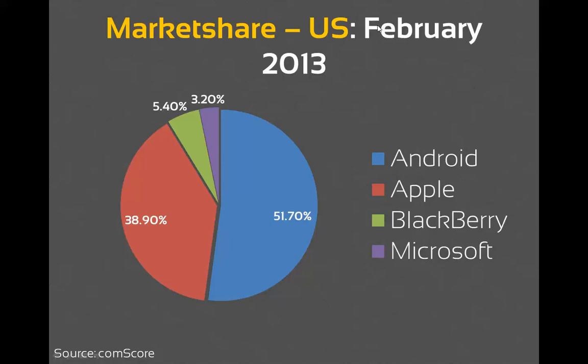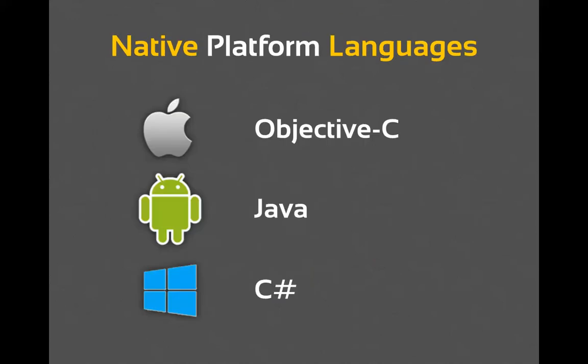We have to make Android apps for them. We have to make iOS apps. We even have to make Windows apps for them. You have to pick all those platforms to hit your audience, and one of the biggest concerns is being able to maintain one code base and share that across each platform and implement the native features that you want inside of it. Our source is comScore, an analytics company.